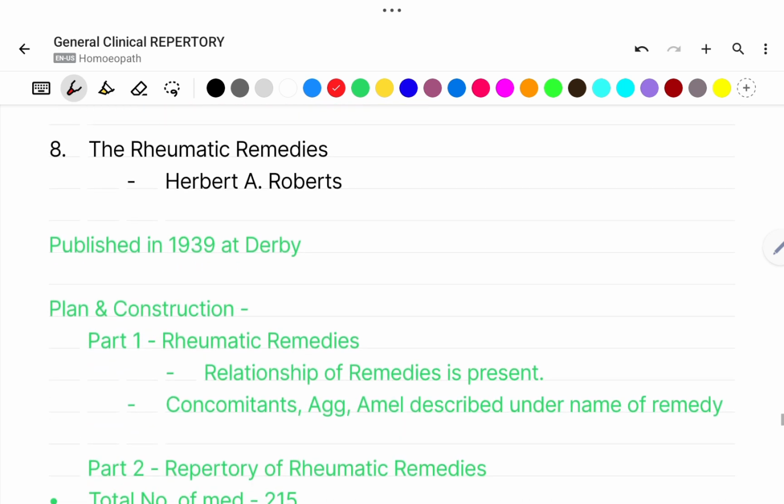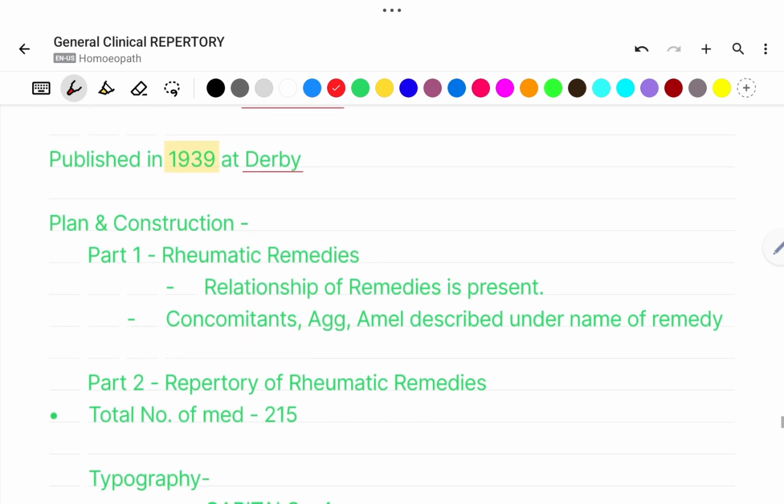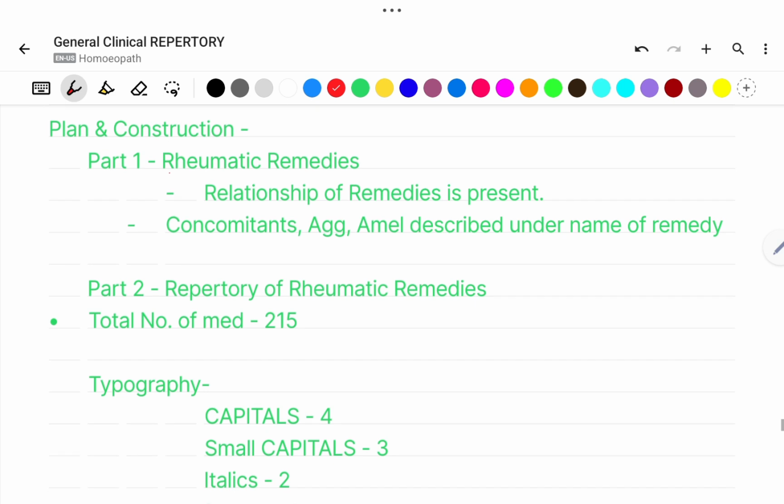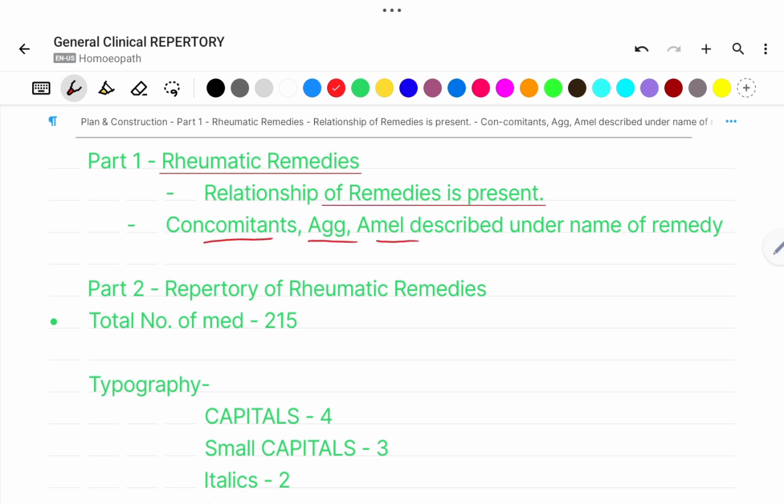Now our repertory is The Rheumatic Remedies by Herbert A. Roberts, published in the year 1939 at Derby. Plan and construction. First part contains the rheumatic remedies. Under this, relationship of remedies is present, along with concomitants, aggravation, amelioration, described under name of remedy.